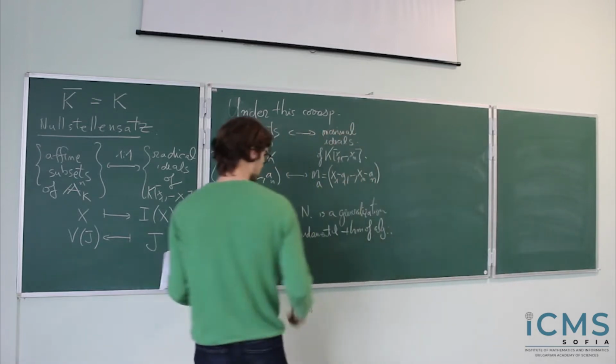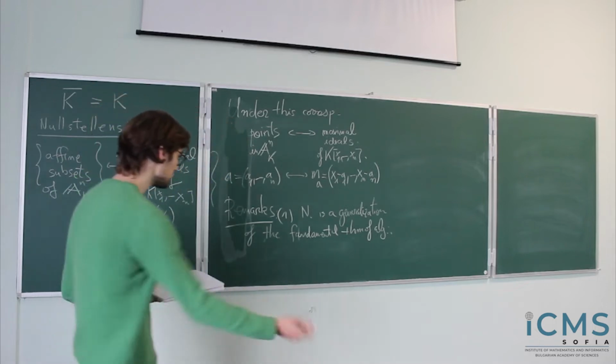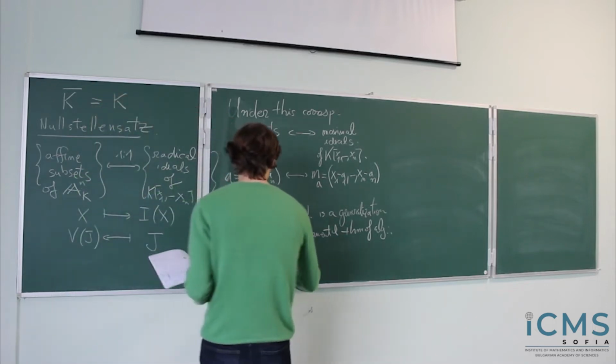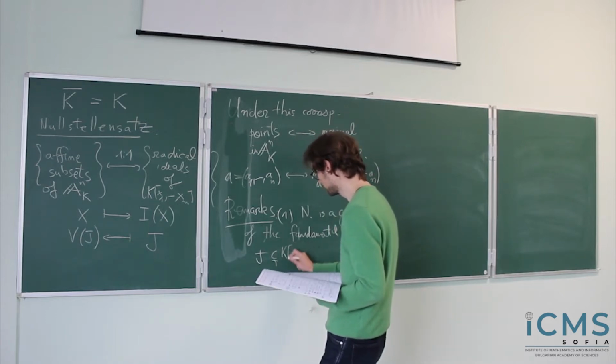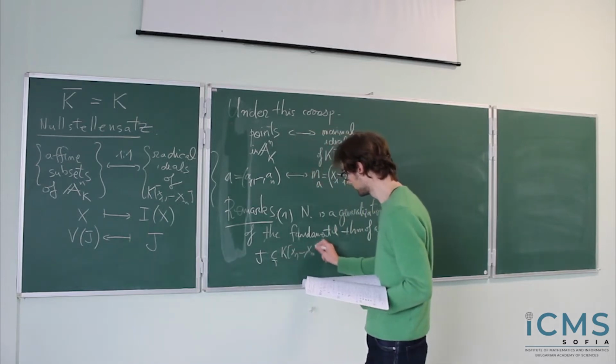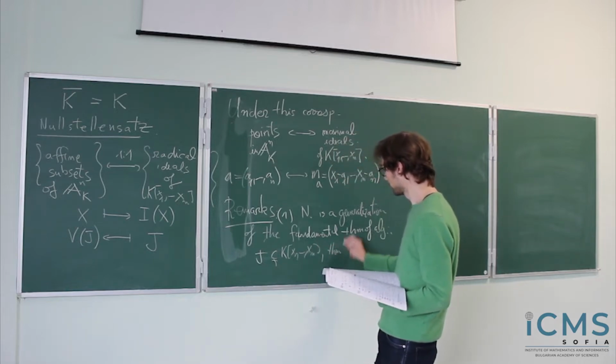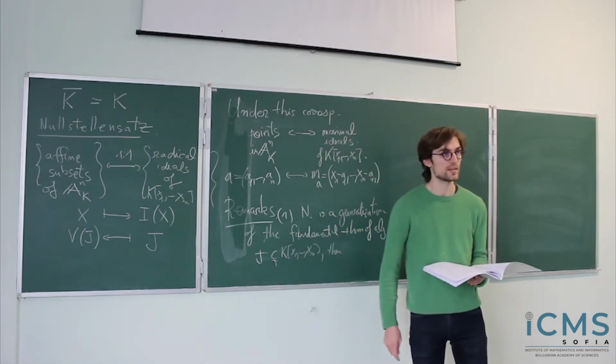Why does that mean that? Well, it means that if I have J, which is a proper ideal, then there is a zero for this ideal.